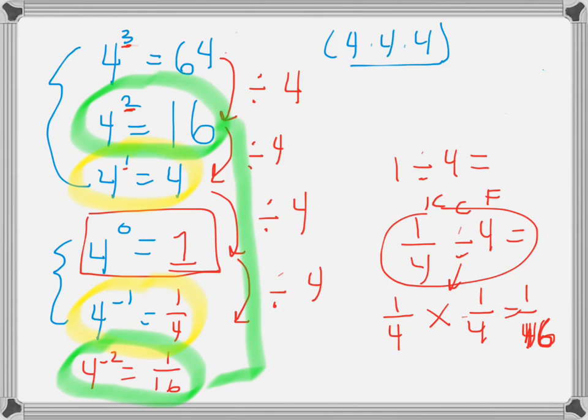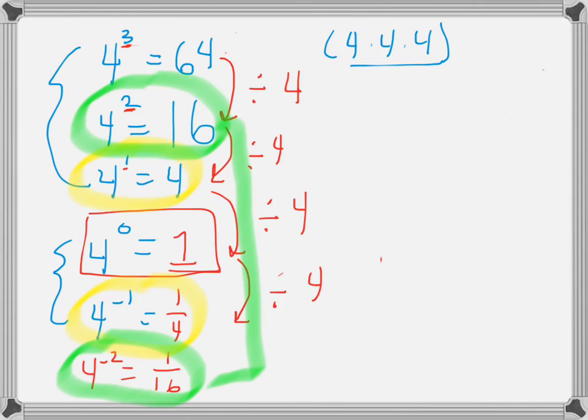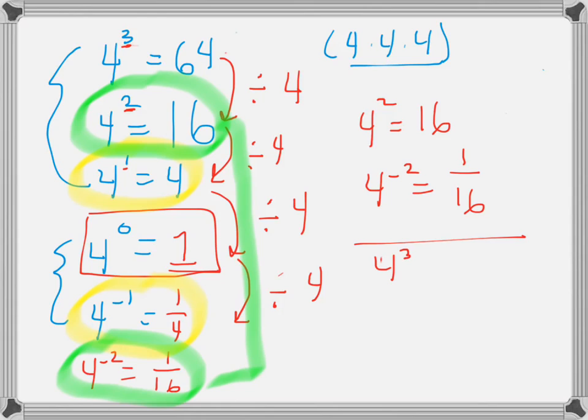You can start to see the pattern collecting here, so you can use that pattern to try to figure out what 4 to the negative third power is. If 4 squared is equal to 16, but 4 to the negative 2 is equal to 1 over 16, and 4 to the third is 64, then you may already guess that 4 to the negative third is 1 over 64. Okay?